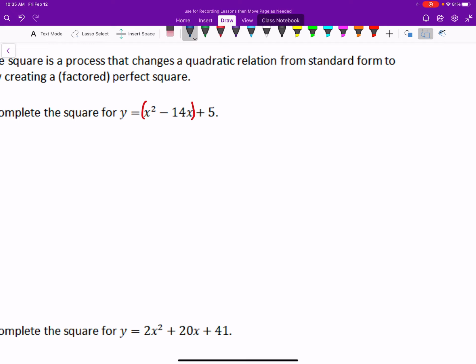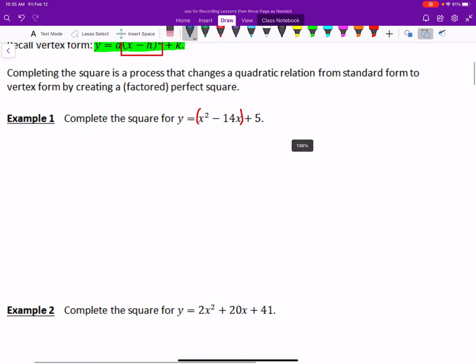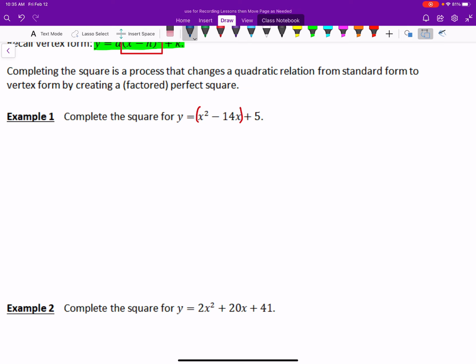I'm going to introduce a third term inside the brackets that's going to make this be a perfect square. And the way I'm going to do it is I'm going to take half of this number here and square it. So half of 14, negative 14 in this case, but it doesn't matter. When I square it, it'll become positive. I'm going to take half of 14 and square that. So I'd get x squared minus 14x.